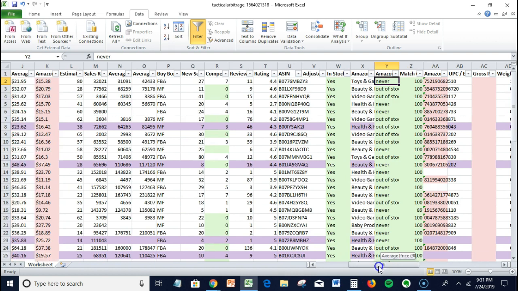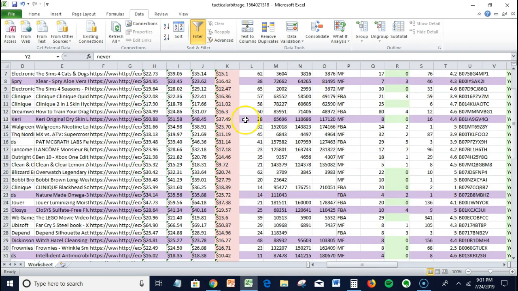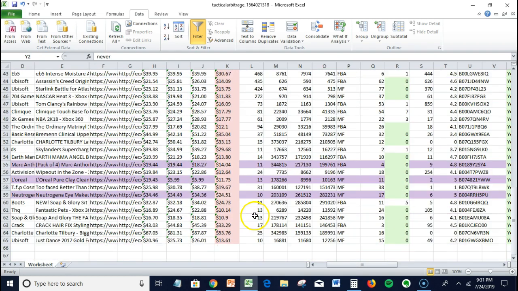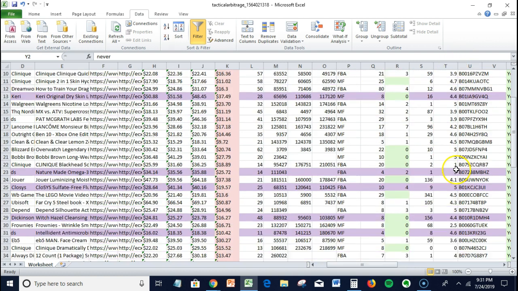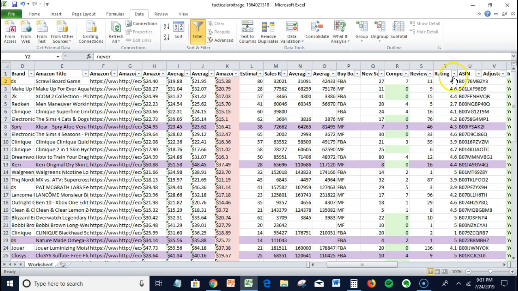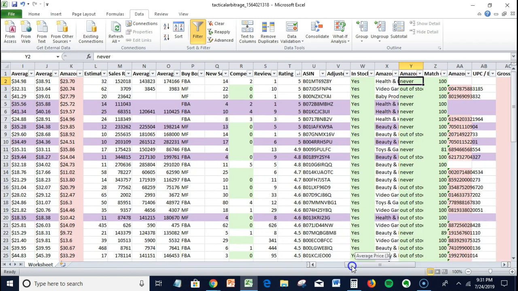The next thing I want to look at is the number of sales. Every product should have sales here, and it does, so it's above 10. And then reviews are pretty important. If there's anything below 4, I should probably get rid of it. I think there's a way to filter that in Tactical Arbitrage too.